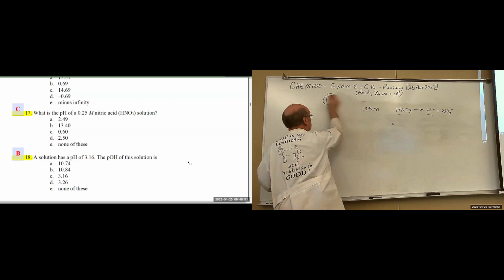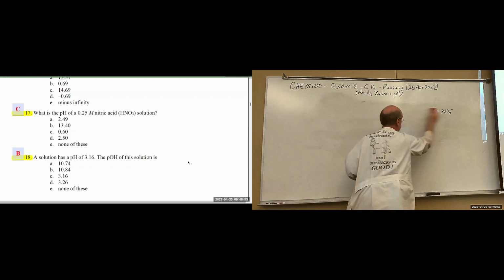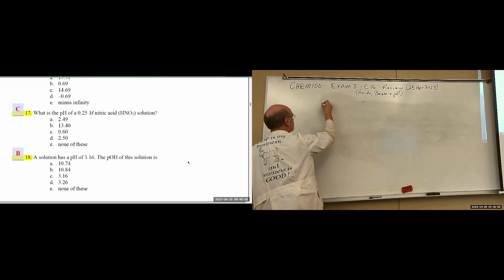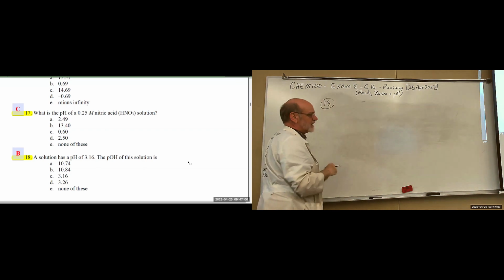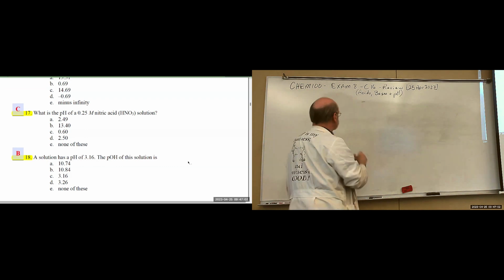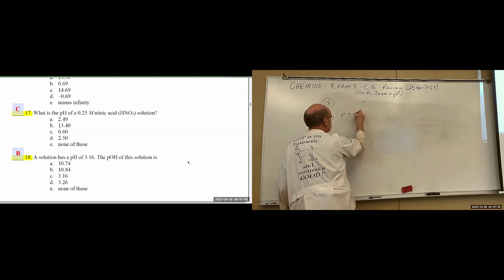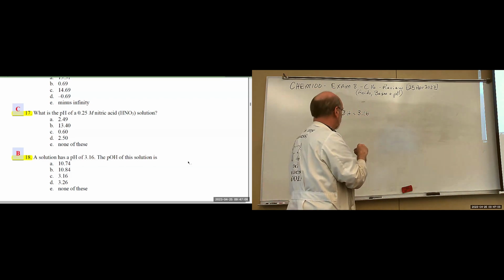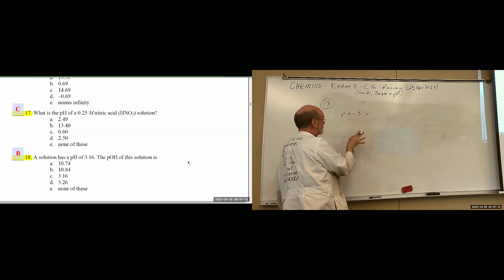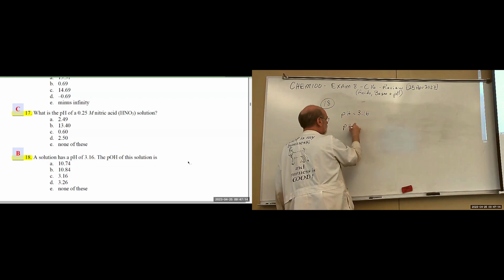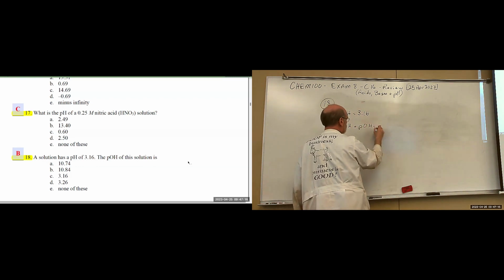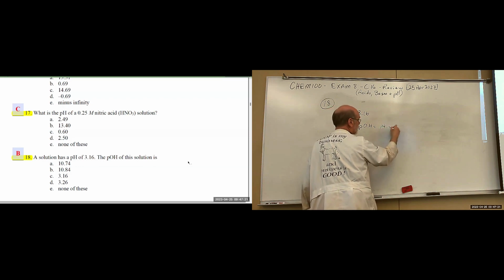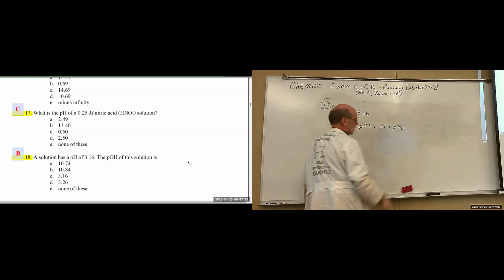I'm at 18. A solution has a pH of 3.16. So we know the pH. And the question is, what's the pOH? We just need to remember our formula. pH plus pOH equals 14, which, by the way, is equal to pKW.